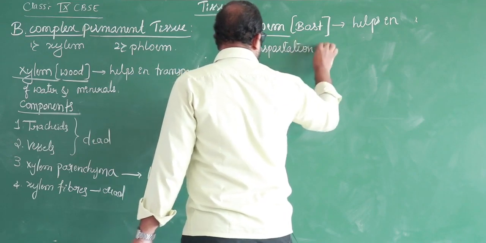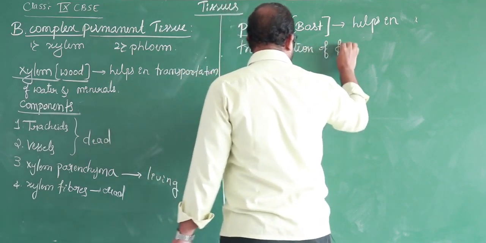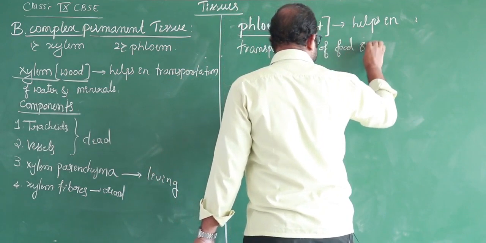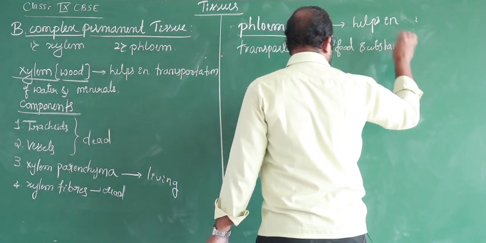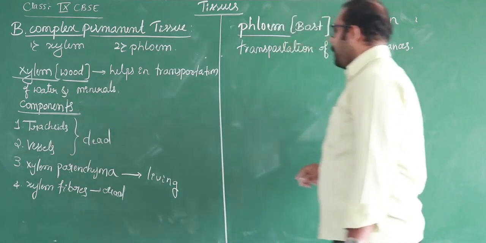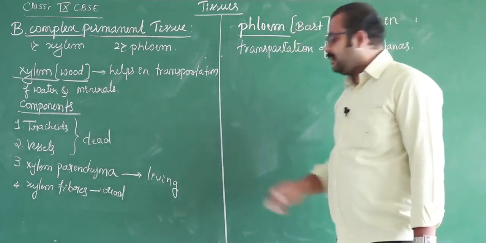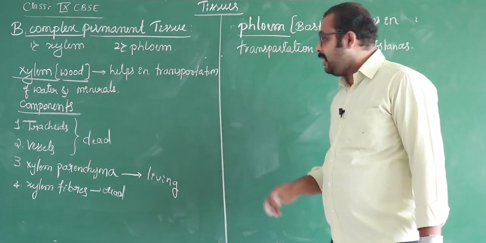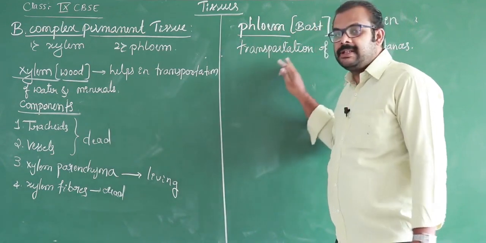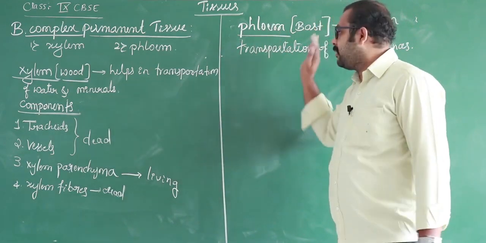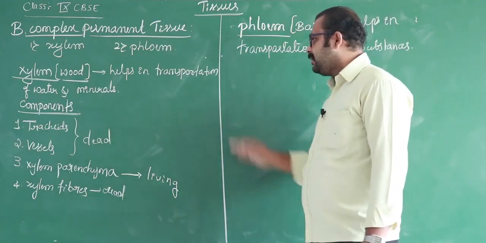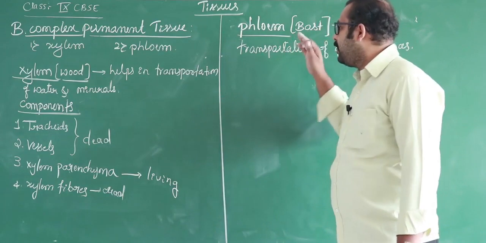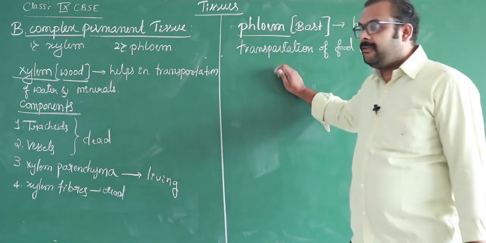Water is conducted from the root to different parts of the body, and in phloem, the food is synthesized in the leaves. From the leaves it will be distributed to the different parts of the body. So we require channels: water is conducted by xylem, and food is conducted by phloem.